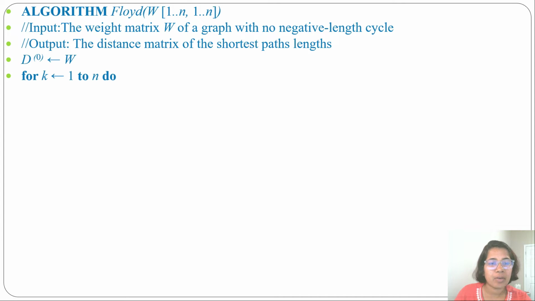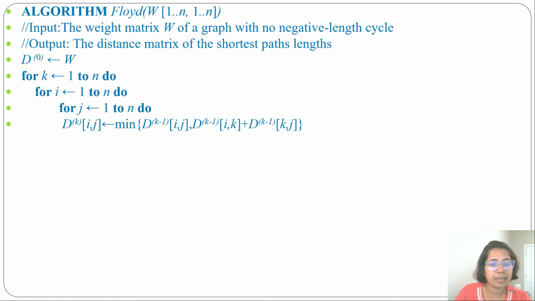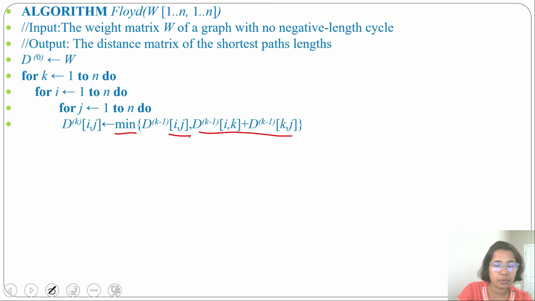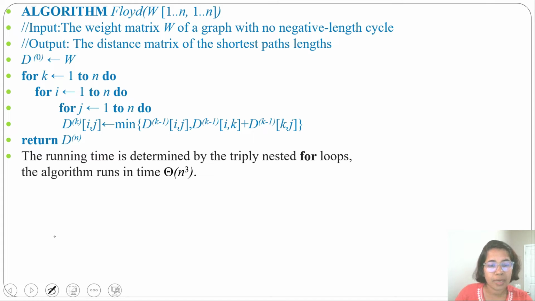Then for k 1 to n, for i 1 to n, for j 1 to n, D power k ij will be the minimum of D power k minus 1 ij, or D power k minus 1 ik plus D power k minus 1 kj. From these two, whichever is the minimum will be the distance, and we will return D power n. There are three nested for loops, so the running time will be theta of n cube.